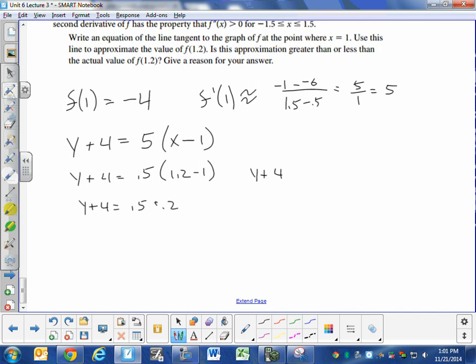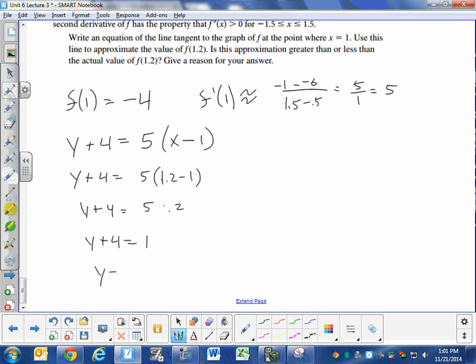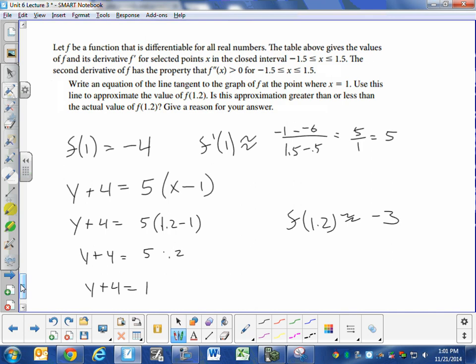Five times 0.2 is just 1. So, -3. And over or under? Concave up. Under.